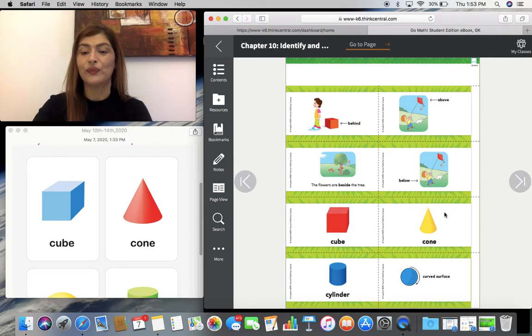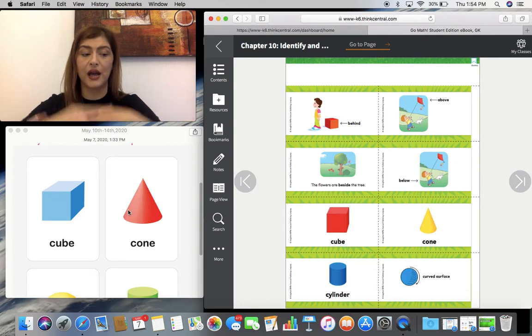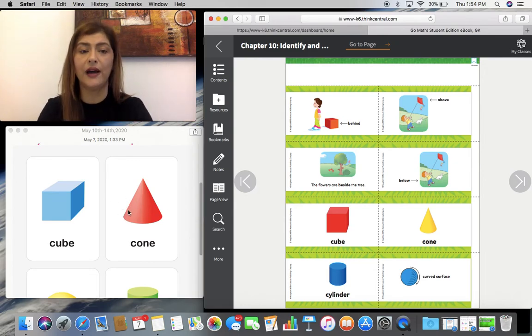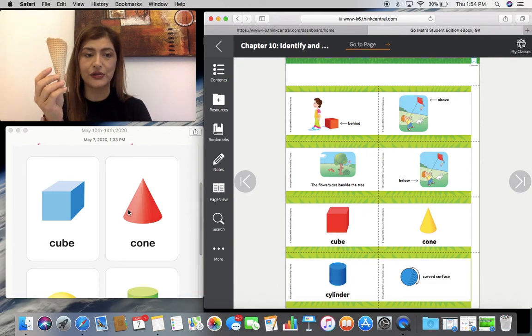Now, the last shape that we have is a cone. Look at this cone. Look at it from the bottom. It can be flat from the bottom, so it can slide. And from the sides, it can roll. I have with me an ice cream cone.